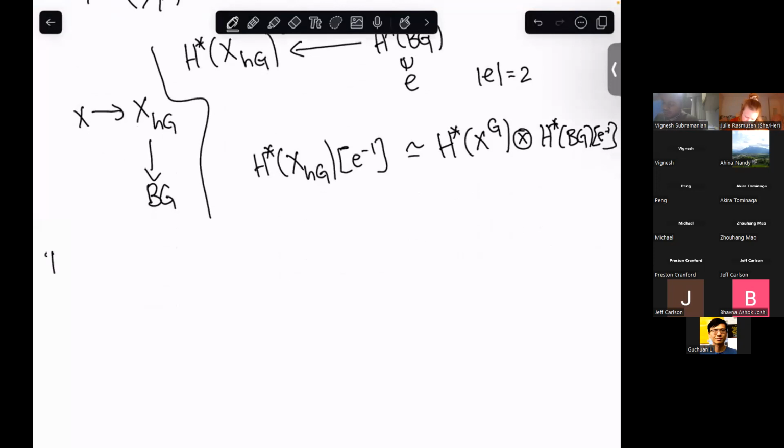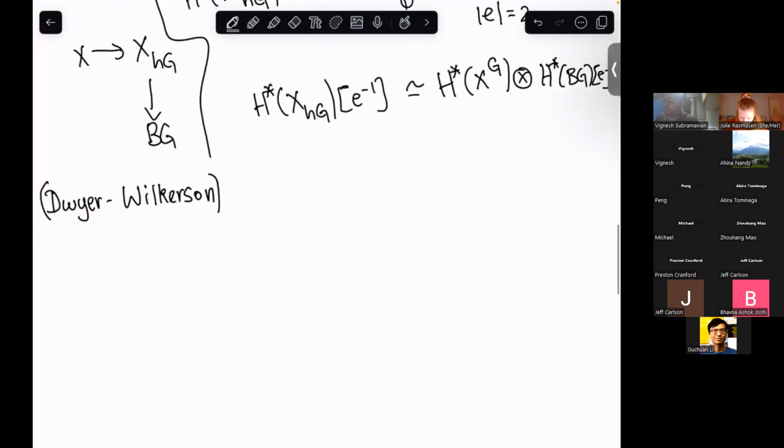And here is the theorem of Dwyer and Wilkerson, continuing from the localization theorem, is that you can act on the Borel cohomology localized with the action of the Steenrod algebra, and then they call a certain kind of classes unstable classes.